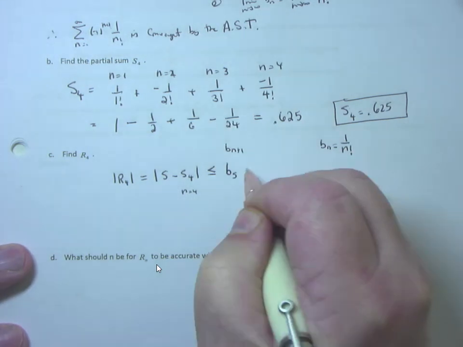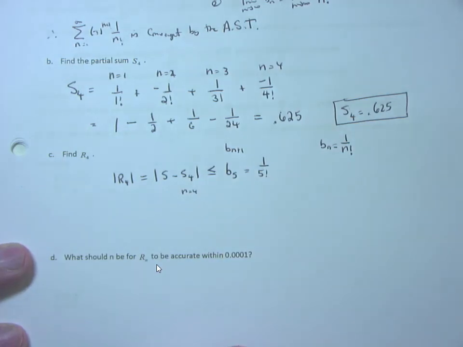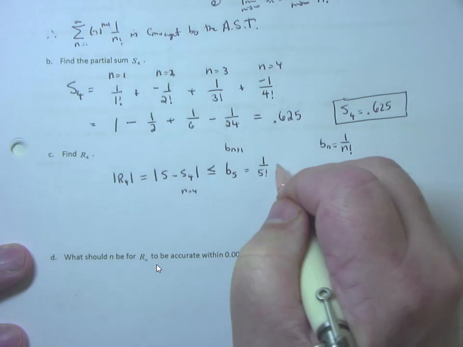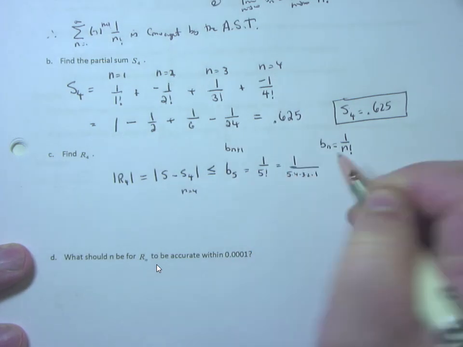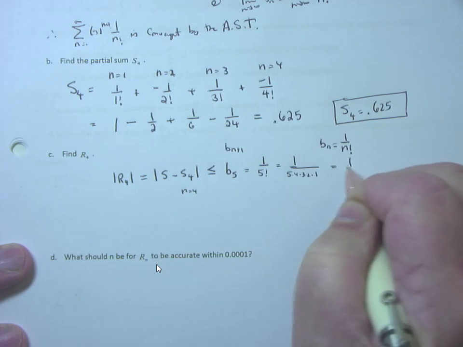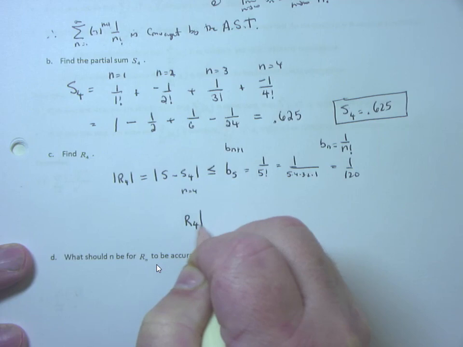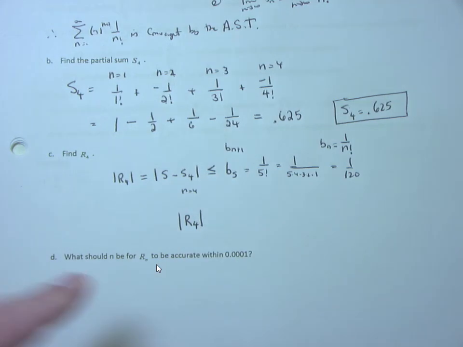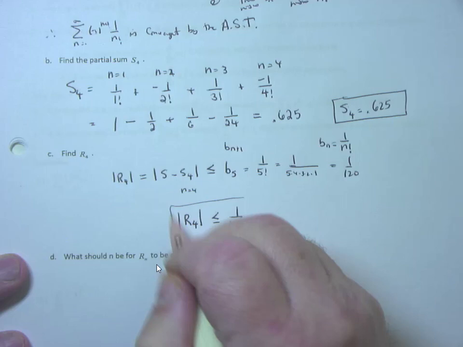So if I want B5, this would be 1 over 5 factorial. And what's 5 factorial? 5 times 4 times 3 times 2 times 1. That's 120. So this is 1 over 120. So an error for the R4, which is the remainder part of your S4 partial sum, will be less than or equal to 1 over 120.